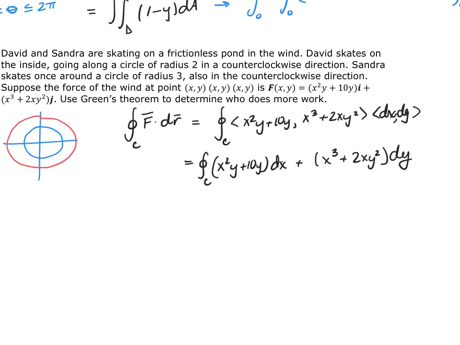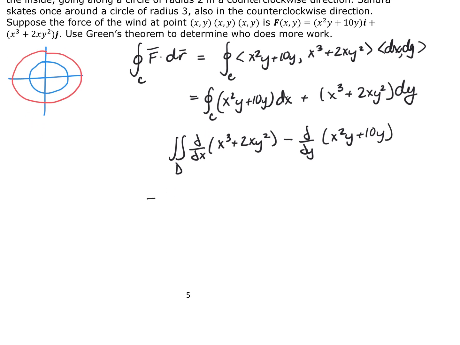Now, because of Green's theorem, we're going to have the double integration over the region D of the partial with respect to x of x cubed plus 2xy squared minus the partial with respect to y of x squared y plus 10y, which gives me the double integration over the region D of 3x squared plus 2y squared, minus x squared, and then minus 10 dA.